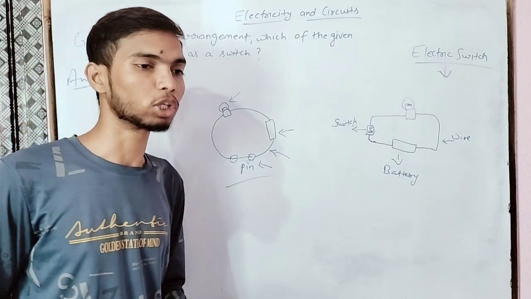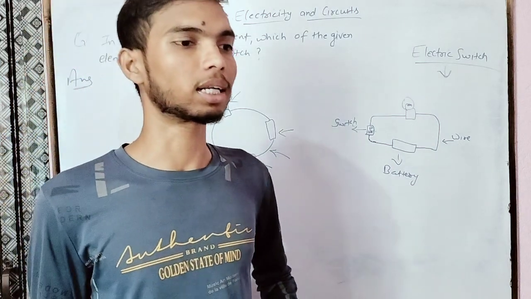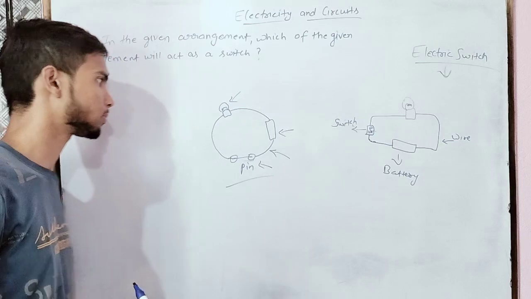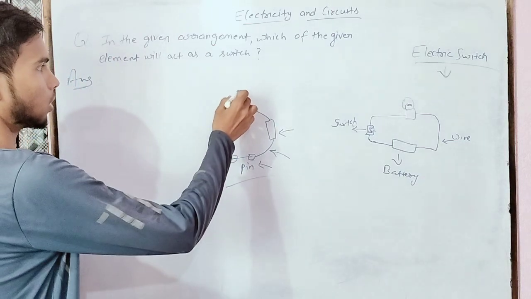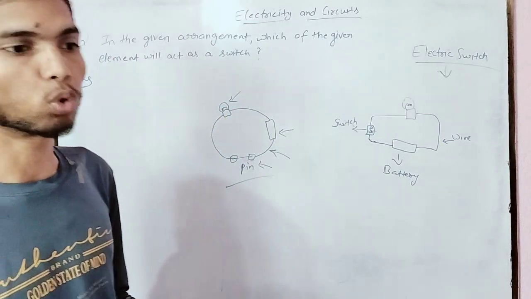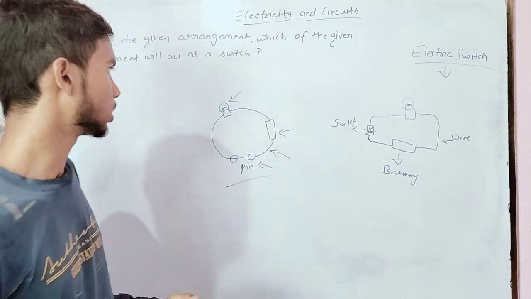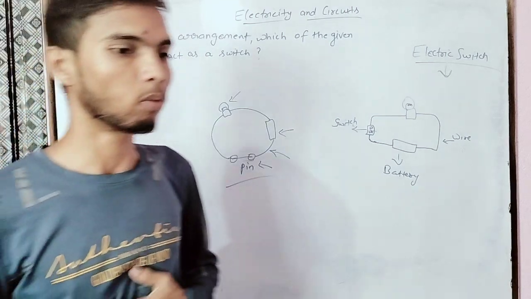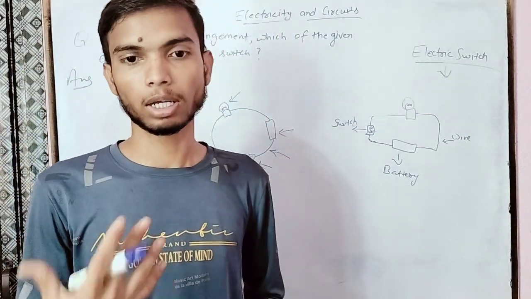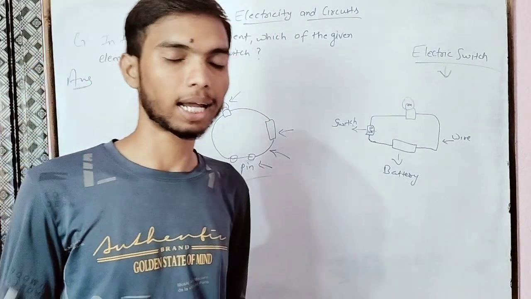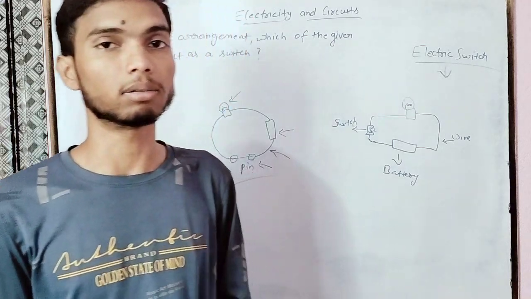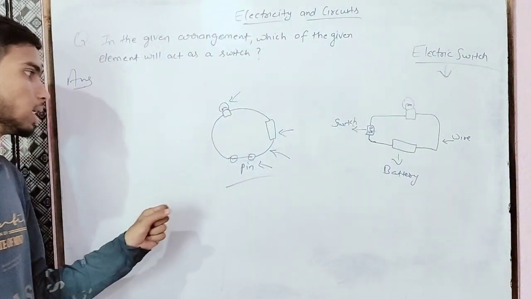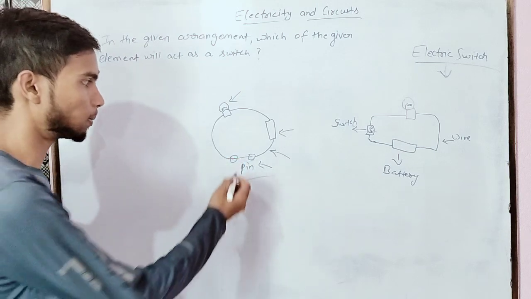The work of the battery is to produce electricity through the wire. The work of the bulb is to glow with the help of electricity. Now the pin, what will its work be? This will act as a switch. We can remove this pin.